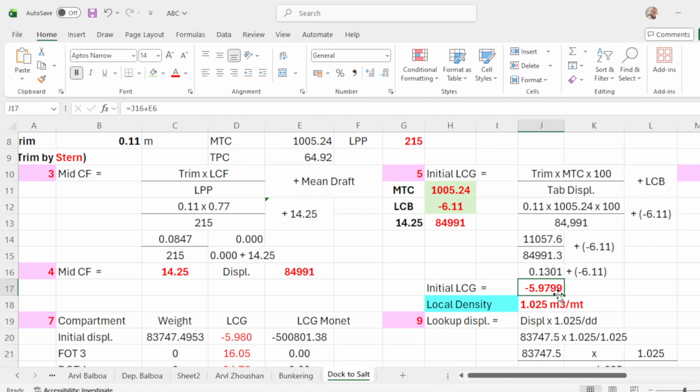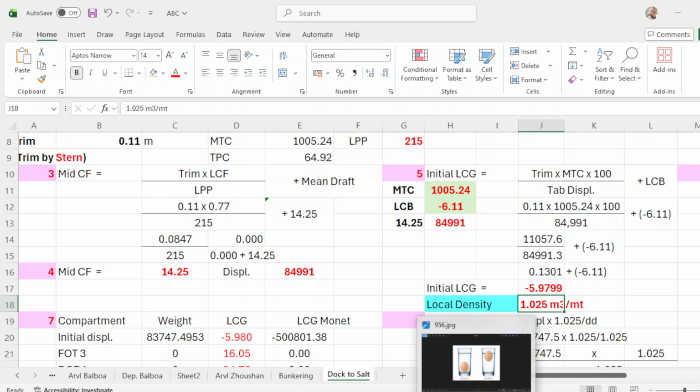Okay, so you can do it like this, equals click this one, plus, then click your LCB, then press enter. That will be your initial LCG is negative 9799.